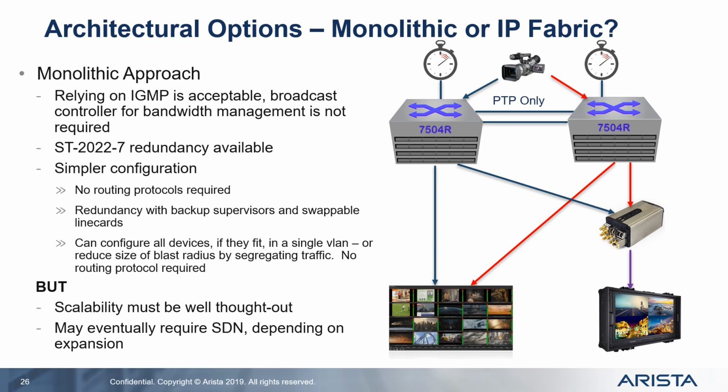And if you do it properly, this can really just be the beginnings of an IP fabric where you have leaf switches hanging off of this, which would be acting as a spine switch, acting as a core switch, which we get to here.